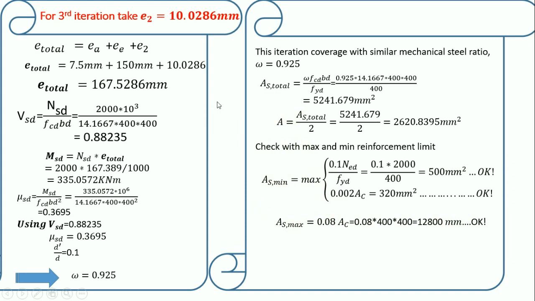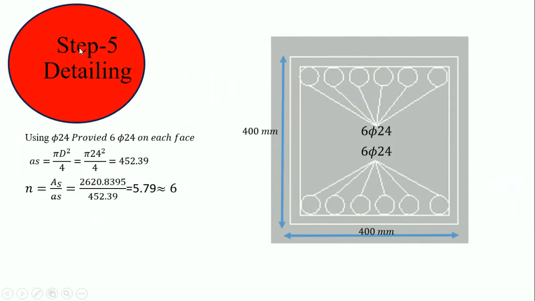Well, lastly, detailing. Assume diameter 24. For one diameter, area of steel is equal to pi d square over 4, 452.39 mm. So number of bar is equal to AS over small AS. Our AS is equal to 2620.8395.